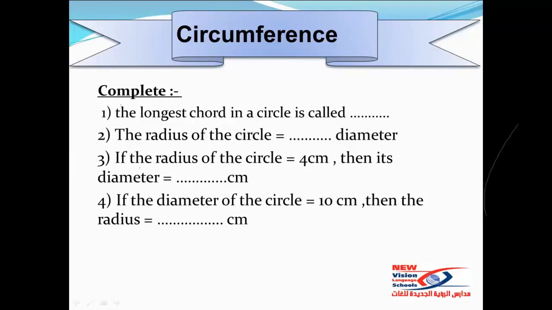What is the question? If he gives you the diameter and asks you to find the circumference, which rule? You remember the rule?